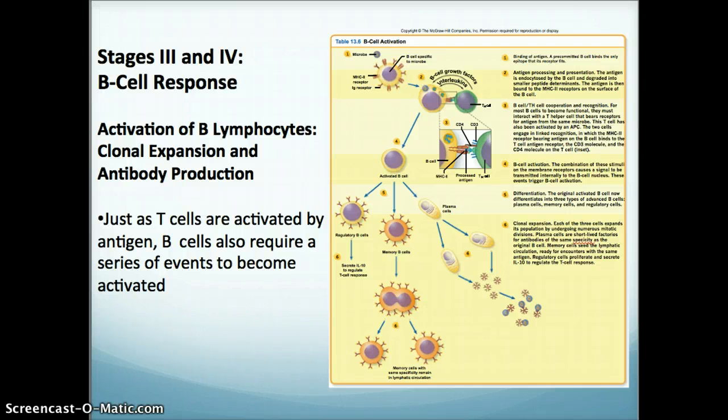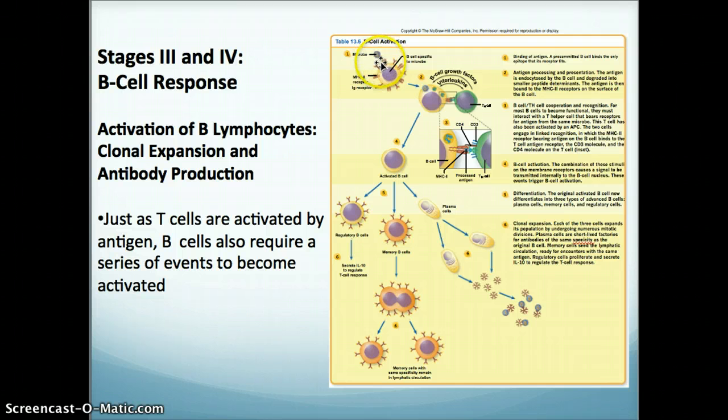And in order for these to happen, for a B cell to be activated, it needs to be activated by an antigen, just as the T cells do. So if we look at this table, which is table 13.6, we have the different steps and players in B cell activation. We have a microbe coming in where we have a B cell. It will bind to a pre-committed receptor to that particular antigen.